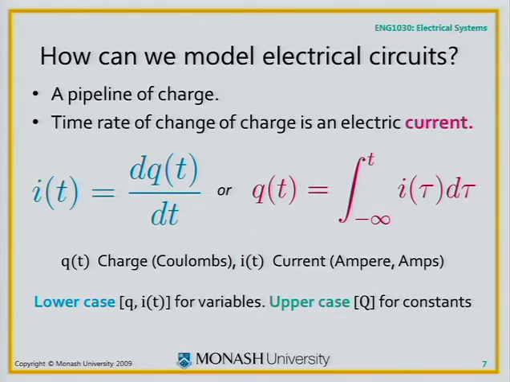So just to be clear, the question was, why is this minus infinity down here? Well, it could be, if you prefer it, the q at 0 plus the integral between 0 and t. That's all it means. But you need some initial condition. You avoid the initial condition by starting at minus infinity. Just an abstraction.